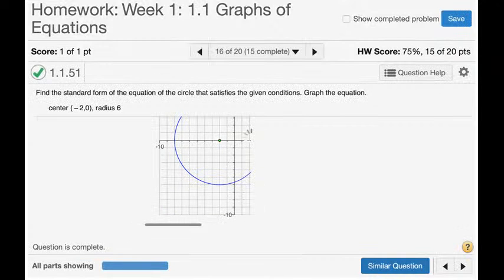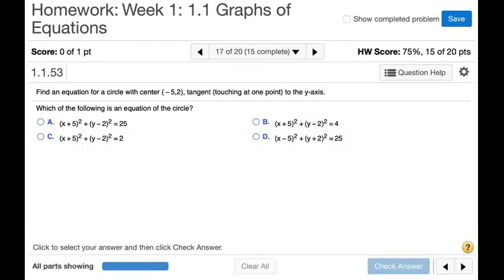Which of the following is an equation of the circle with this center, touching one point on the y-axis? So we went left 5 and up 2, and one point touches the y-axis. So the y-axis is over there.